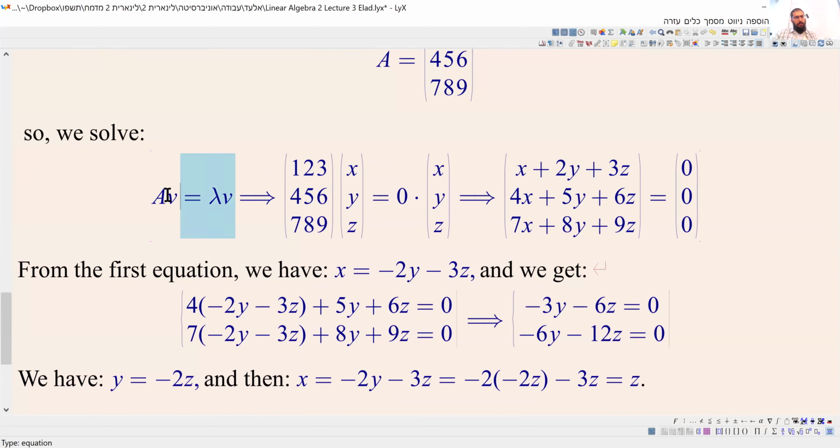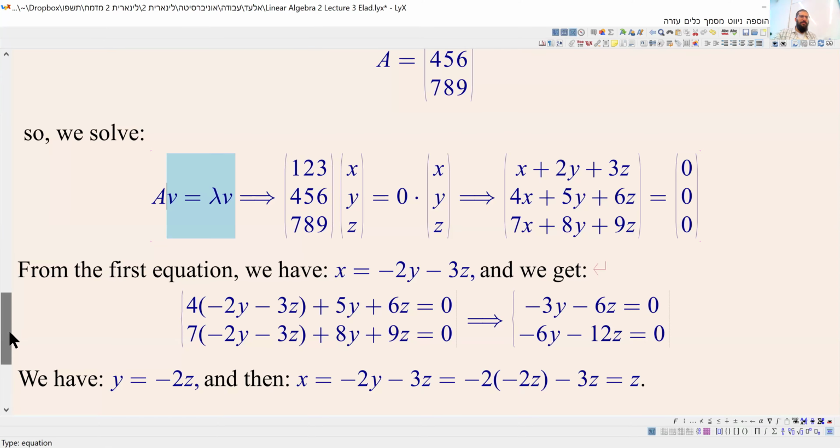Because, as I mentioned, when we solve a homogeneous system of linear equations and we have a non-zero solution, we multiply it by some alpha and we get another solution for every alpha you want.